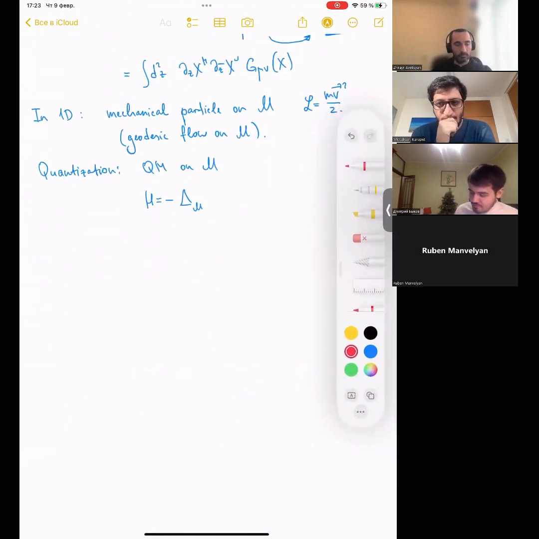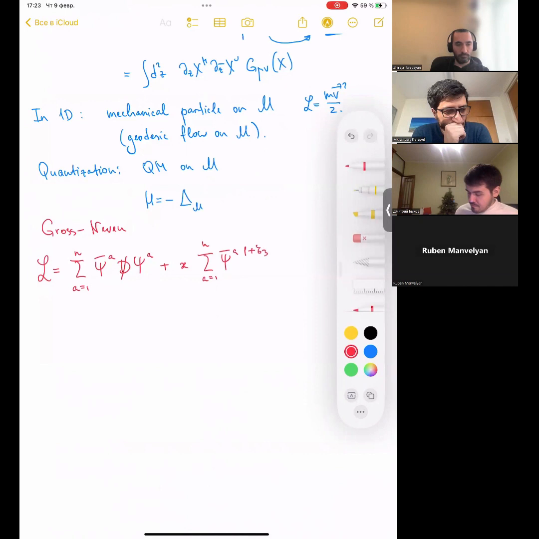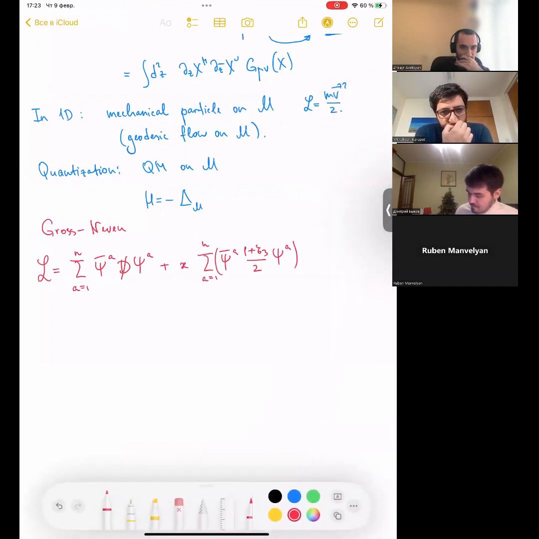So let me write the Gross-Neveu Lagrangian. You consider the following Lagrangian, sum over A, bar, kappa. So this is the Gross-Neveu Lagrangian.